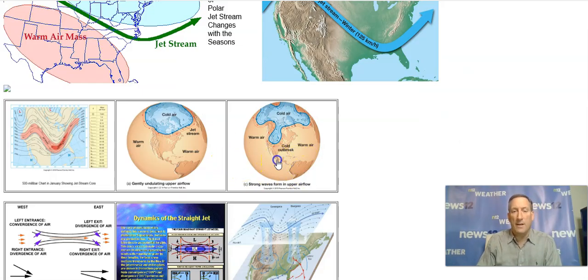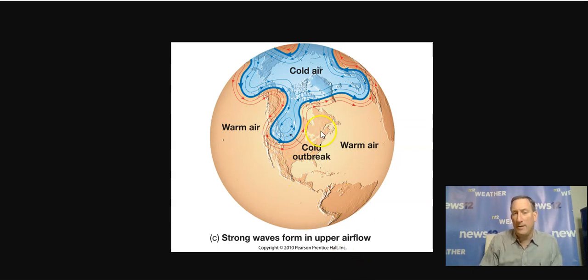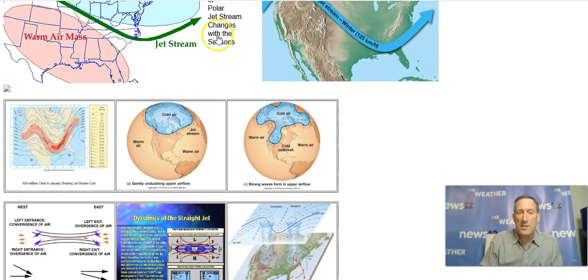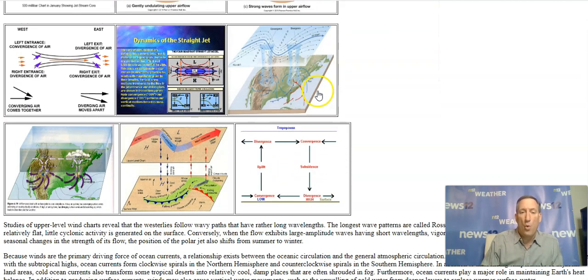And what you can see here is that if you were to have a little bit of a cold outbreak, you would hear the meteorologists on TV or wherever else say that there may be a little dip in the jet stream. That allows cold air to come out of Canada into the United States, and you can see that warm air. So there's a constant flow of cold air and warm air around the globe. That's why it's very important to understand where we have these higher pressures and lower pressures.